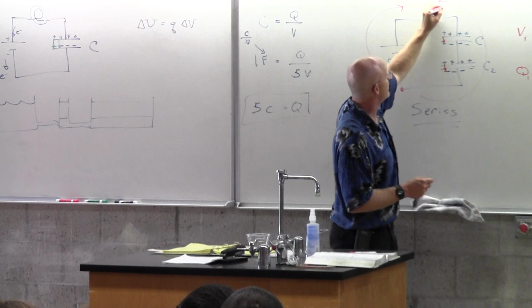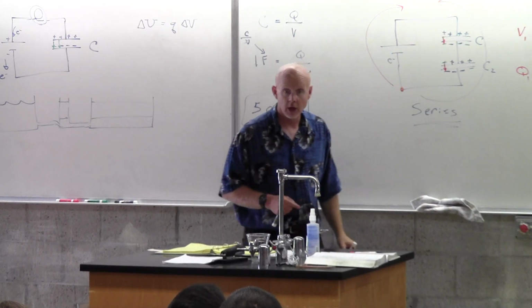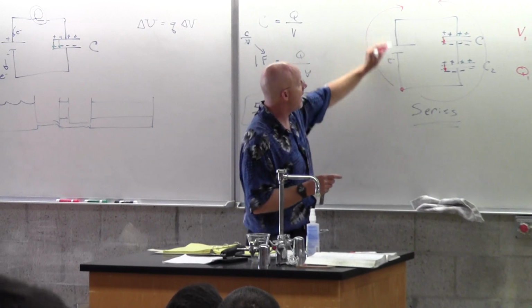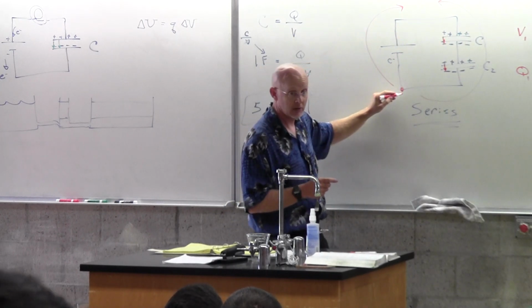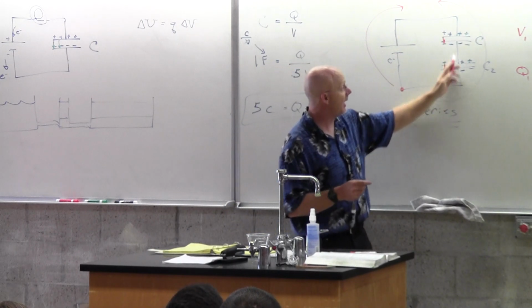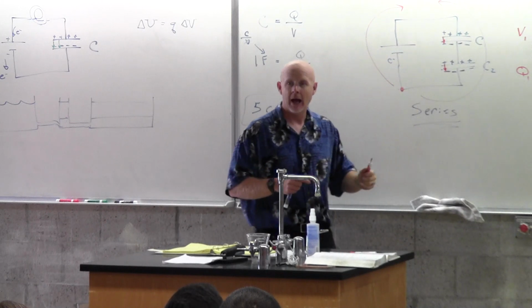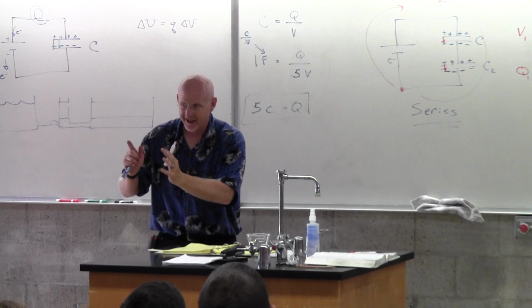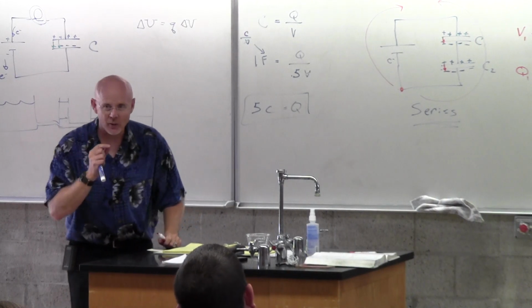Some will go around counterclockwise. I don't care which way you go around this loop. You may go uphill and then downhill. Or this way, uphill and then downhill. How do your uphills compare to your downhills? They've got to be the same if you're going to end up back where you started.